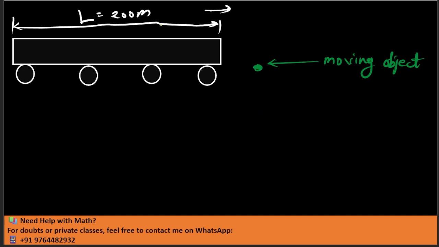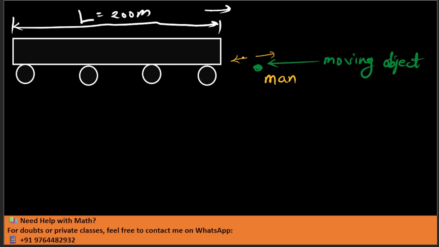So this train is moving this direction, and this the object, obviously it cannot be a pole or stone, this can be a man, right? So the man is running or walking, either this side or this side. When the man will move to this side, it is moving in the same direction with the train.